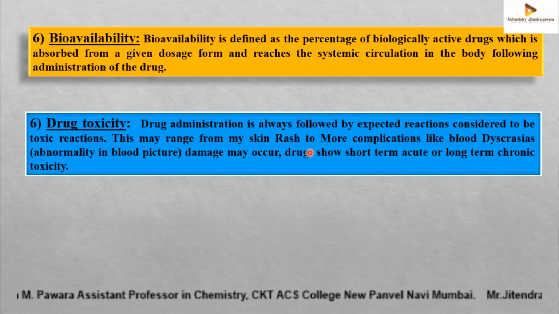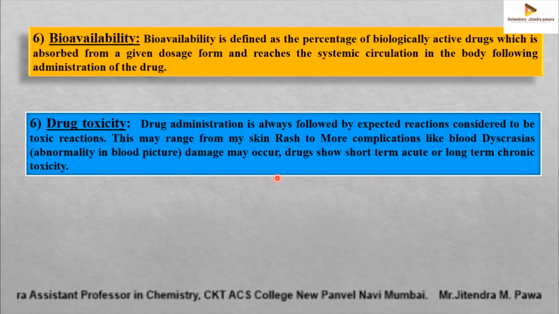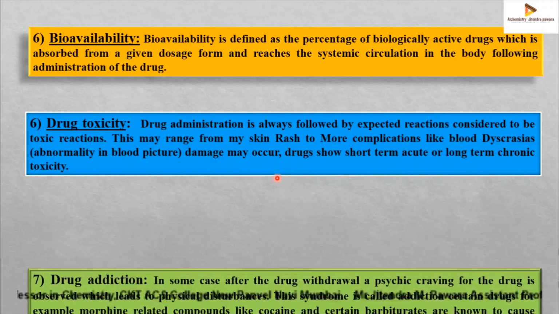A drug shows short-term acute or long-term chronic toxicity. So many drugs have this toxicity, and it may start from skin rash to more severe complications like blood discrepancies.